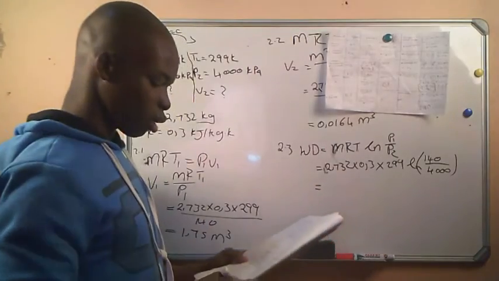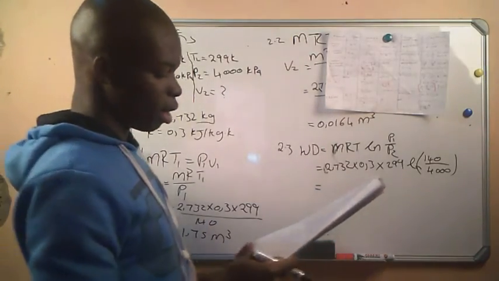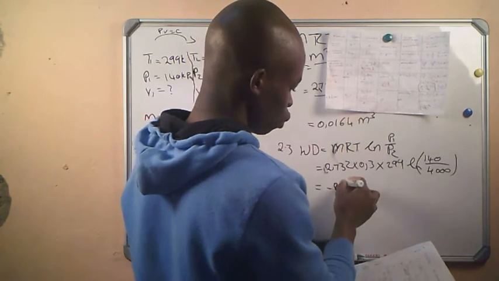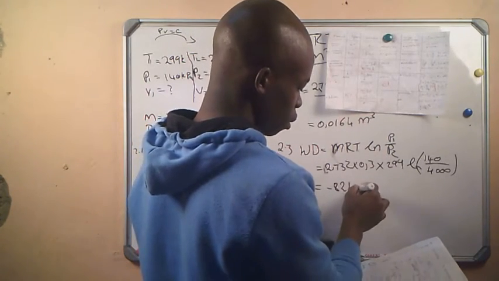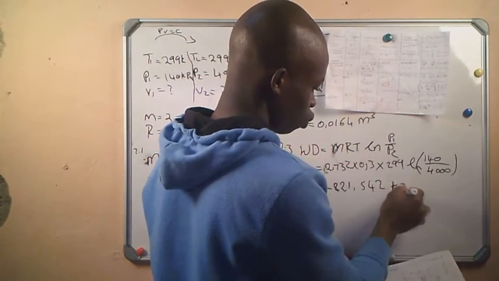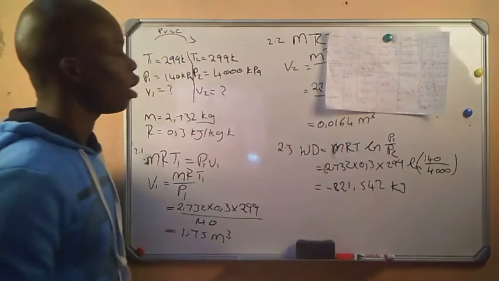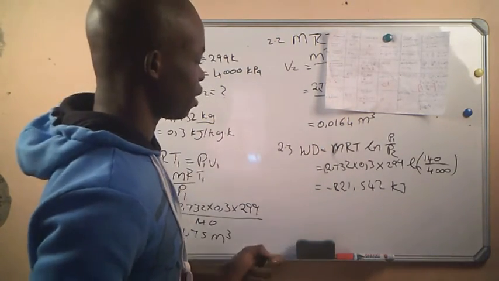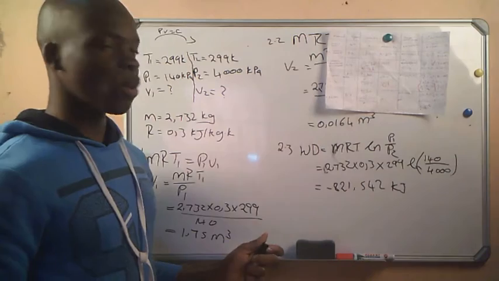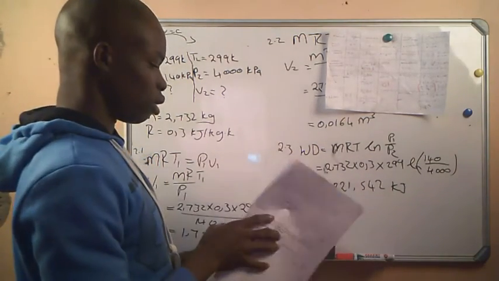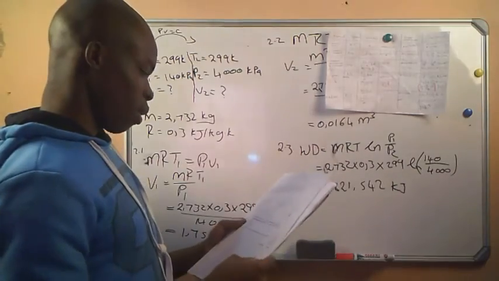And then we calculate and get an answer like this: negative 821.542 kilojoules. The minus sign represents that the work wasn't done by the gas, it was done into the gas.